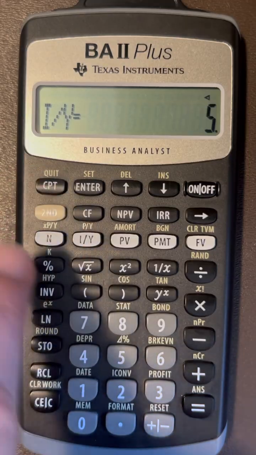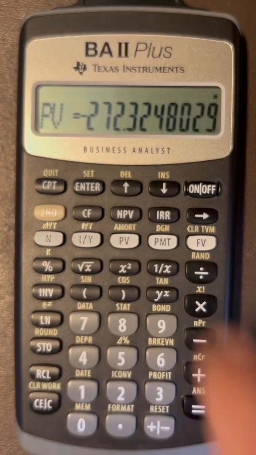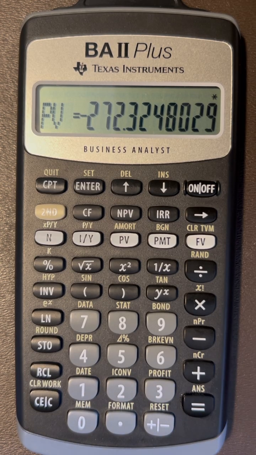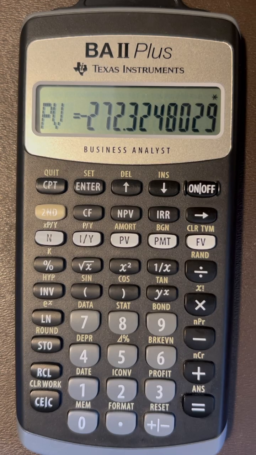So now I can compute the present value again. You can see now the present value is $272.32. So in this case, if the interest rate were 5%, I'd be better off taking the annuity, which has a present value of $272.32, over the one-time payment of $260.